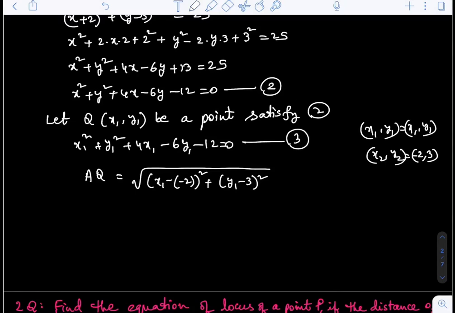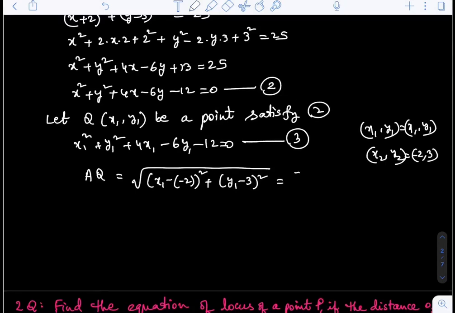And this is also at a distance of 5 units only, because it is on the line. It satisfies the equation, meaning this point is also at a distance of 5 units. Then only we can tell that it is satisfying. So please equate it with 5.